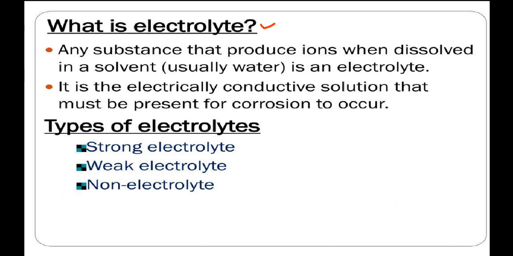Any substance that produces ions when dissolved in a solvent, and most of the time this solvent is water. If you get anything and put it in water and it dissolves, we're going to call that an electrolyte.